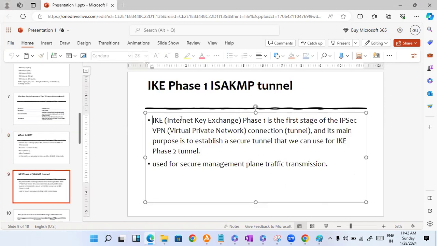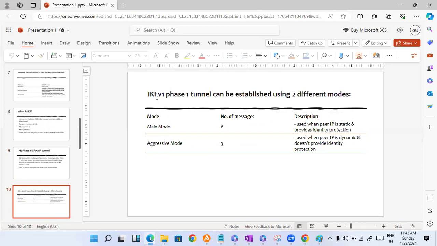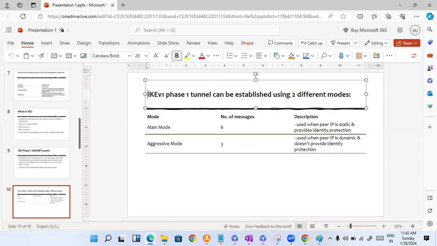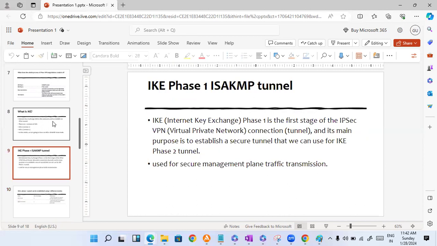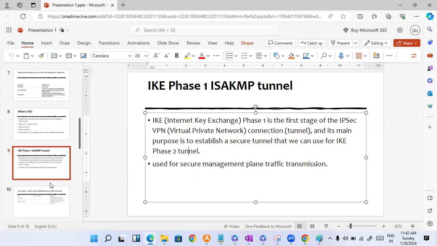If you want to understand why phase one has this secure transmission, that is also a different thing. On IKE, you can read it, but it is not that relevant. I already told you a bit on it.